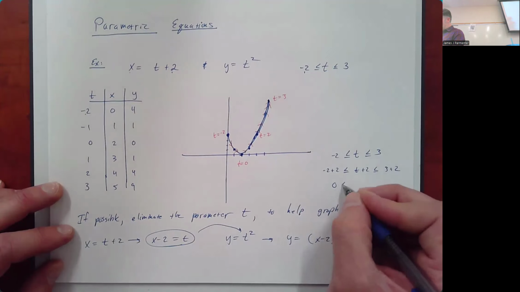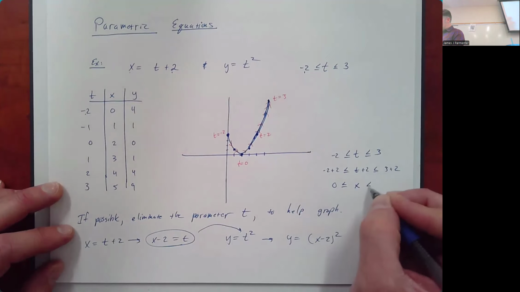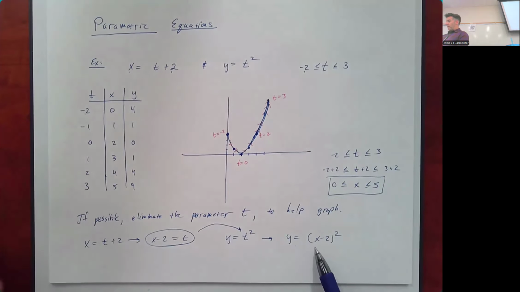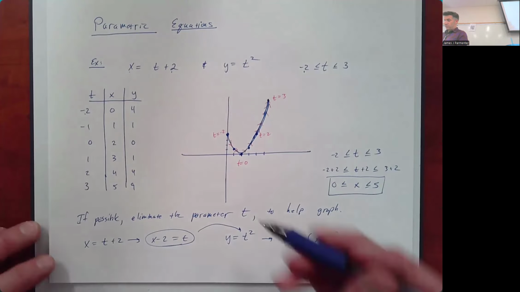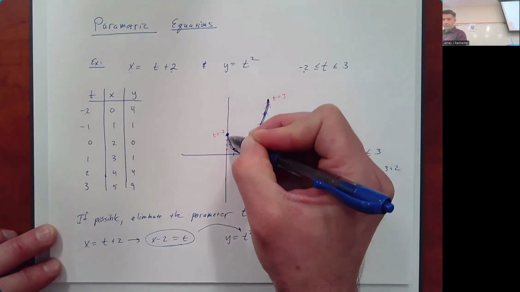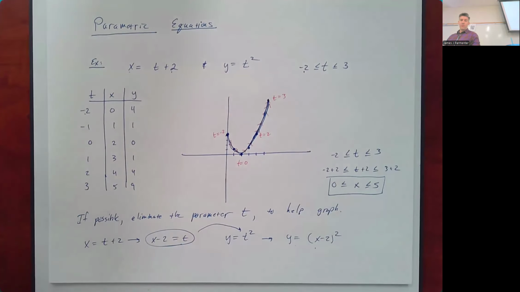So 0 is less than or equal to x is less than or equal to 5. So we could have graphed this by saying it's y equal to (x minus 2) squared, where x is between 0 and 5, which is exactly this graph right here. So that is often how we deal with sketching a parametric curve without trying to plot a bunch of points.